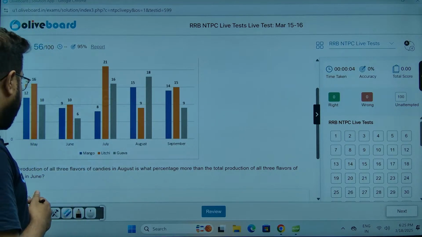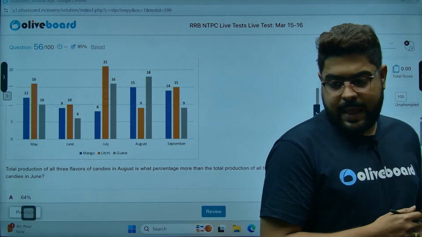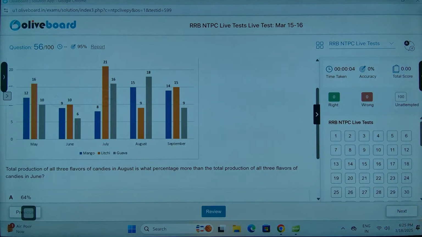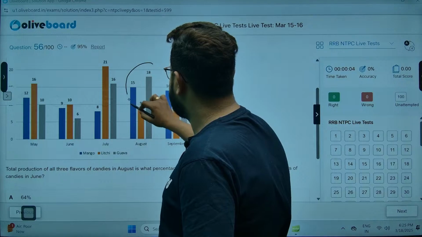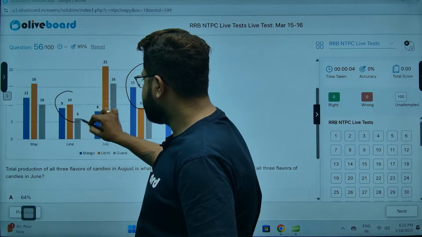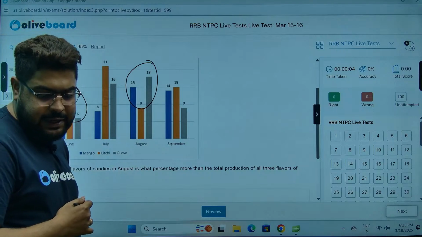The total production of all three flavors of candies in August is what percentage more than the total production of all three flavors in June? Acha. August is this, June is this. How much more they are asking? In terms of percentage.